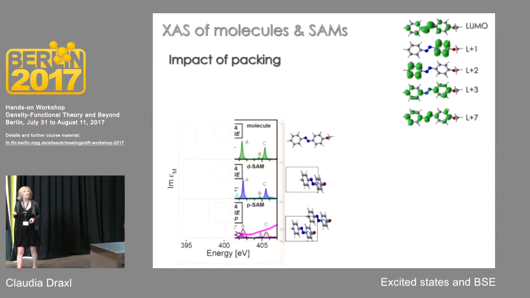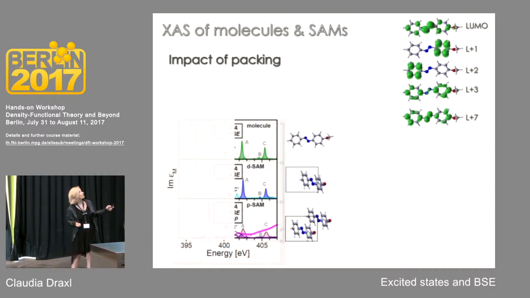And we can very much understand where they come from. So first of all, we have excited a core electron from the nitrogen. So obviously, the strongest interaction will be, and that's why we have a sharp peak, if the electron density is also on the nitrogen. What we have plotted here are the Kohn-Sham wave functions, the Kohn-Sham orbitals for this molecule.